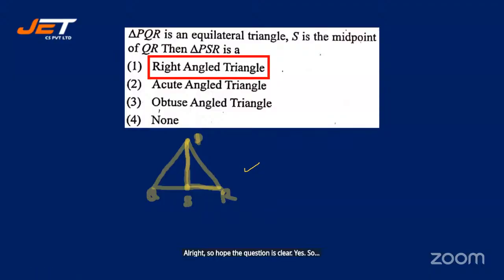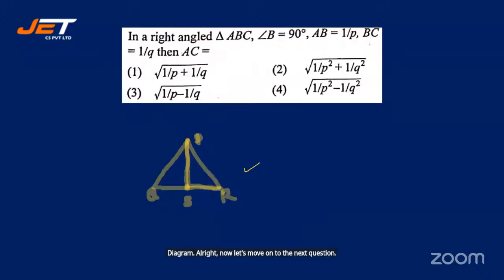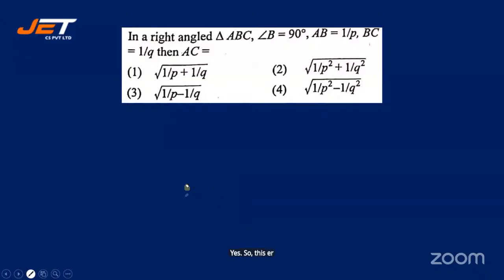It is a right angle triangle, isn't it? It's very obvious. You can see from the diagram. Now let's move on to the next question. Just give me a second. I will quickly erase it.